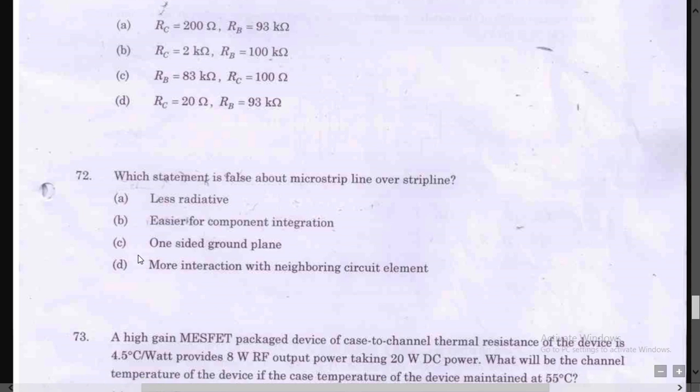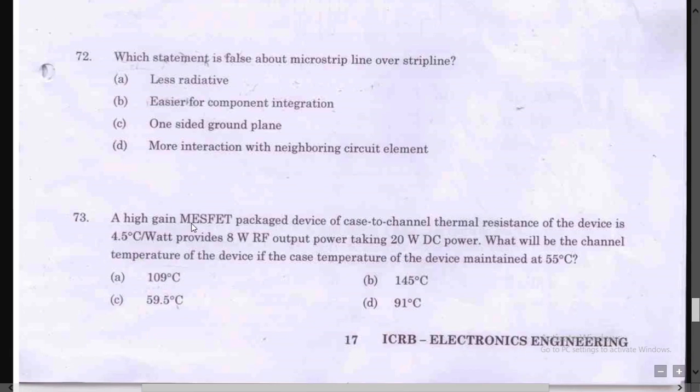In question number 73, a MOSFET is given. So high gain is already given. The case to channel thermal resistance, theta, is given as 4.5 degrees Celsius per watt.